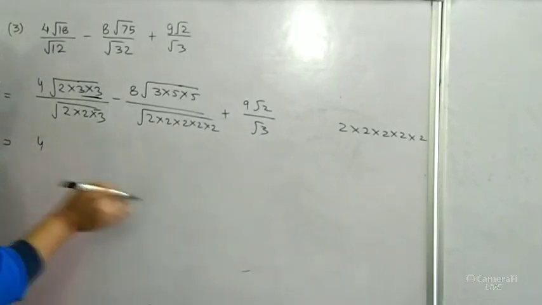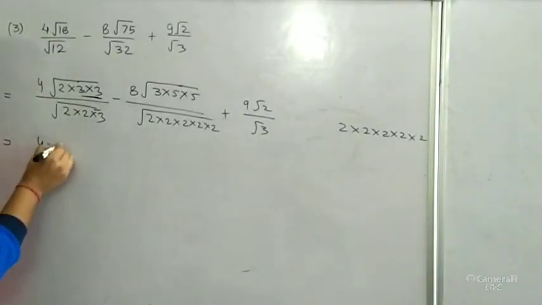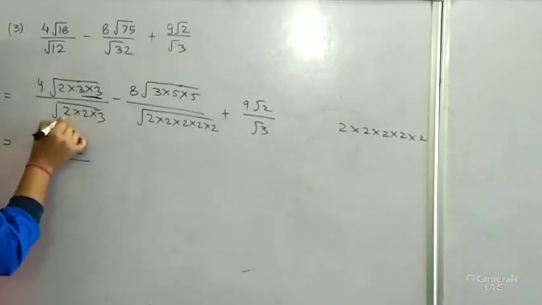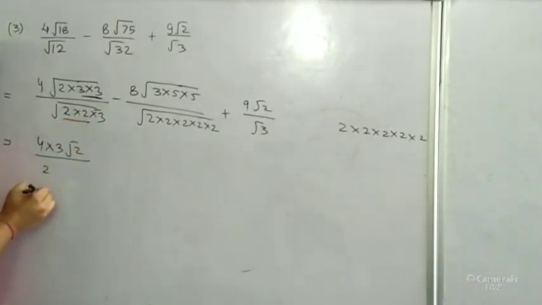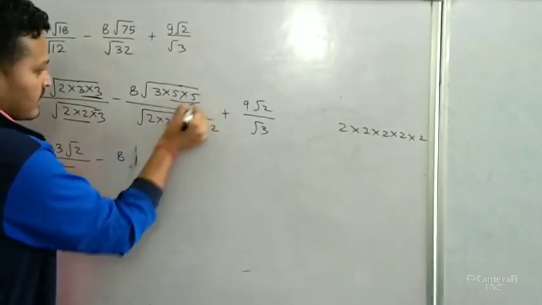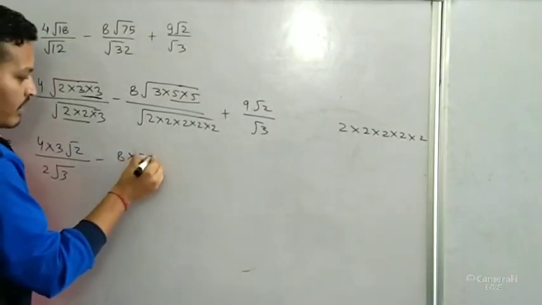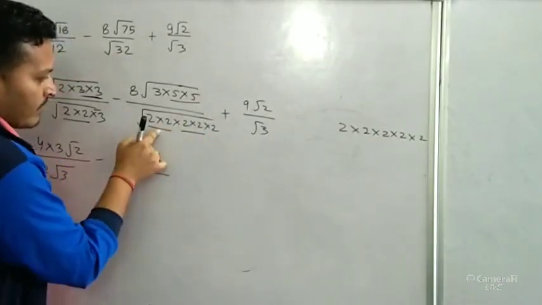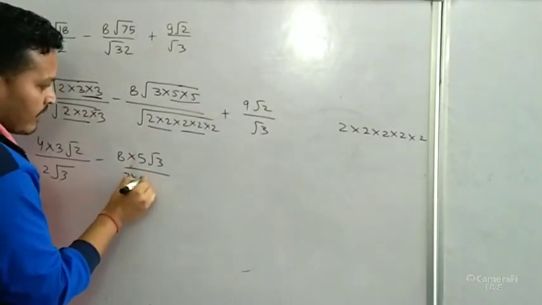Now check, sir. Then 4 root 3 into 3 and 3. When we take this outside the square root, it becomes a single 3 and the remaining number is root 2. Similarly here, 2 is out, so a single 2 we can write outside and 3 is remaining. Minus 8, here same 5 into 5 upon root 3, and upon 1 pair of 2. So 1 pair is written out as 2, and the second pair also 2.